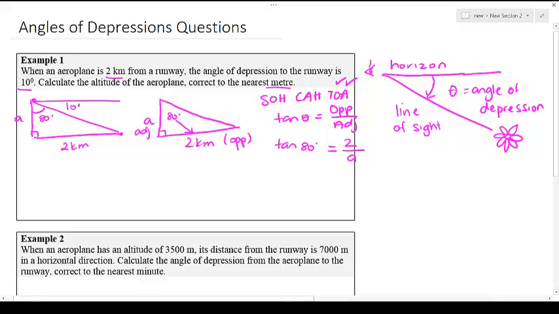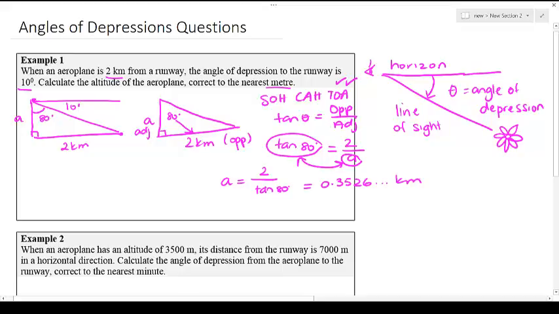So we're going to make A the subject. The easiest way of making A the subject when A is the denominator is to switch it with the tan 80 degrees. So I'm switching the position of A and tan 80 degrees. A is equal to 2 on tan 80 degrees. You can input all that into your calculator and you should get 0.352 kilometers.